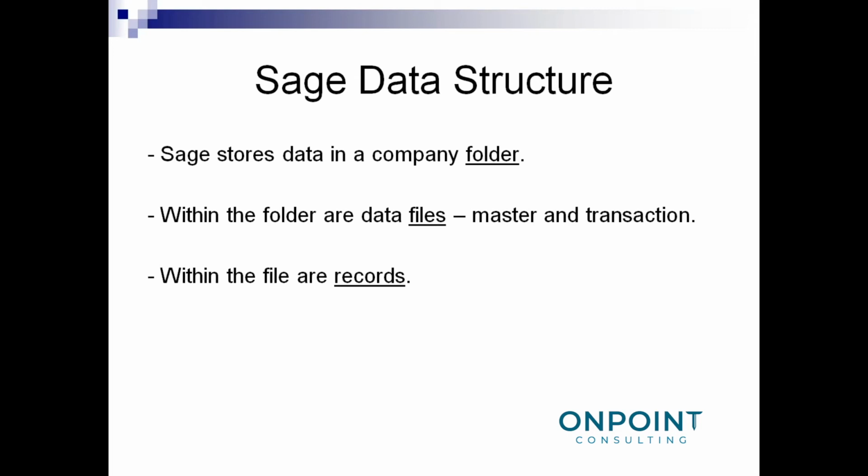So you're going to have multiple records within that master file, and you need to determine, when you're pulling the report together, which one of those records the information is going to come from. Even though we say master, within that master, we may be talking about quite a few different record types that we're going to pull information from.